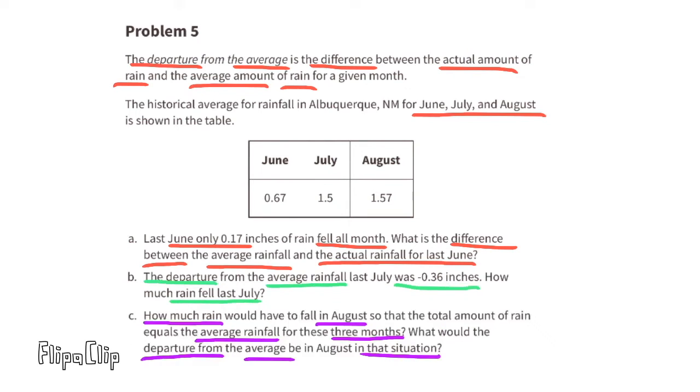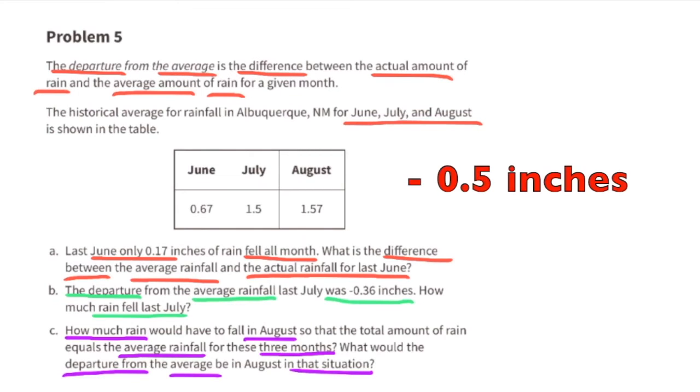C. How much rain would have to fall in August so that the total amount of rain equals the average rainfall for these 3 months? What would the departure from the average be in August in that situation? The departure from the average in June was negative 0.5 inches, and for July, the departure from the average was negative 0.36 inches.